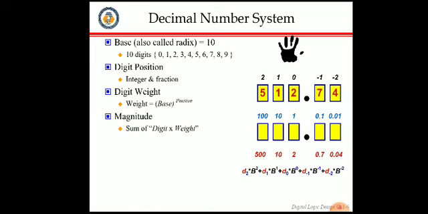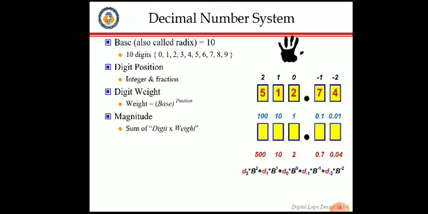For the 10th position, 10 is the weight. For the 100th position, that means second position, 100 is the weight. That means the position numbers are 0, 1, 2 and its weights are 1, 10, 100 respectively.